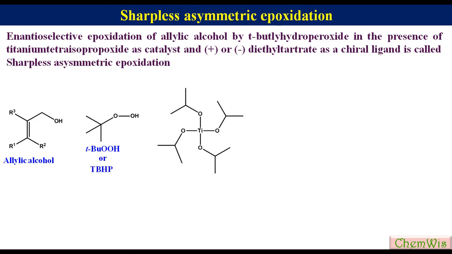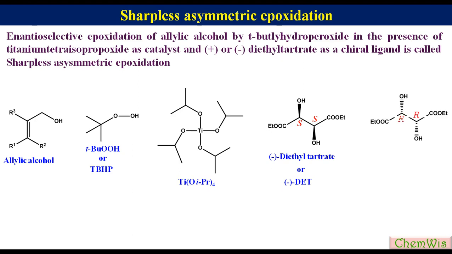Titanium tetraisopropoxide acts as a catalyst, which is represented as Ti(OiPr)4, and chiral ligands are SS diethyltartrate, also called minus diethyltartrate or simply minus DET, and RR diethyltartrate, also called plus diethyltartrate or simply plus DET. The stereochemistry of the product depends on which enantiomer of diethyltartrate you are using during the reaction.